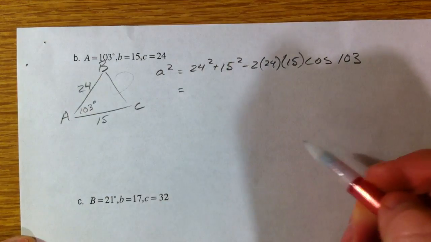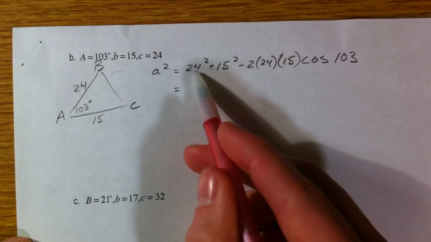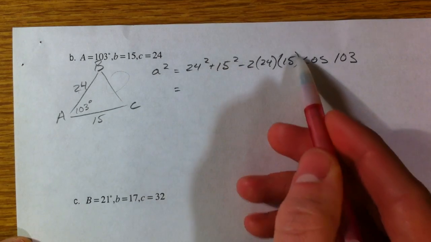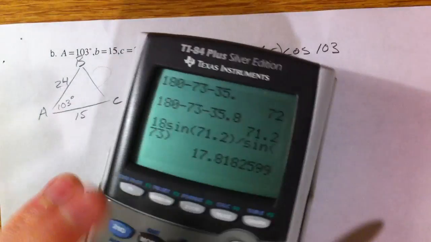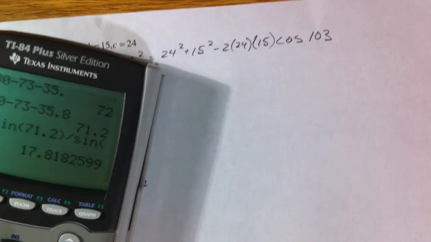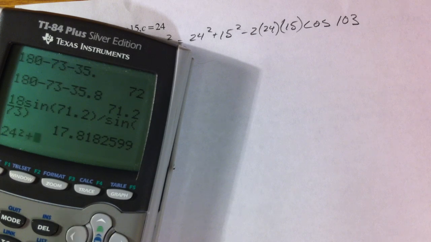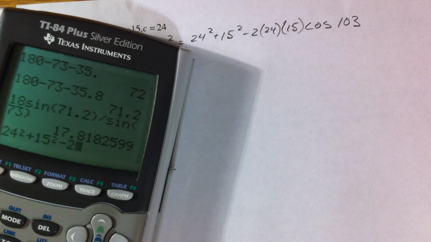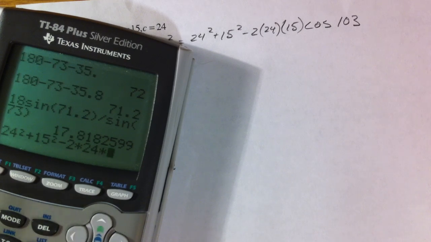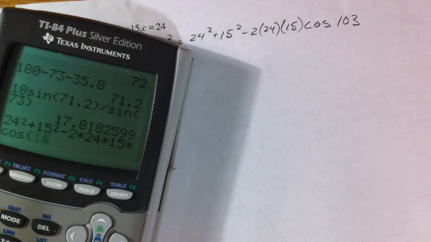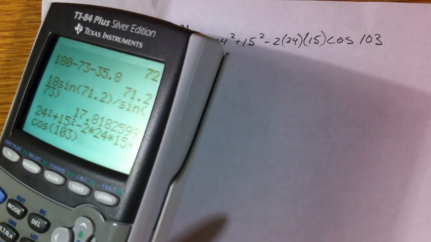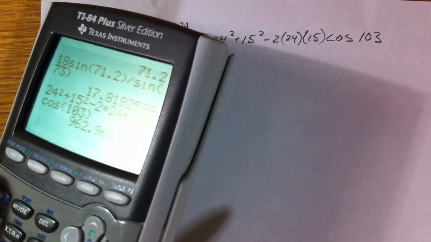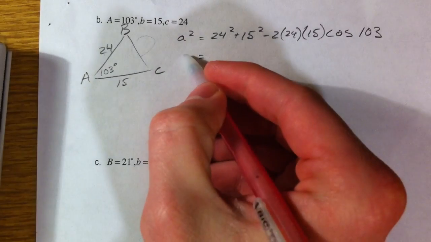Make sure that you just type this all in at the same time. Sometimes people group this and like to do all the numbers first and then multiply by cosine, but it doesn't work. So 24 squared plus 15 squared minus 2 times 24 times 15 times cosine of 103. We're typing this in, 962, and so that's a squared.